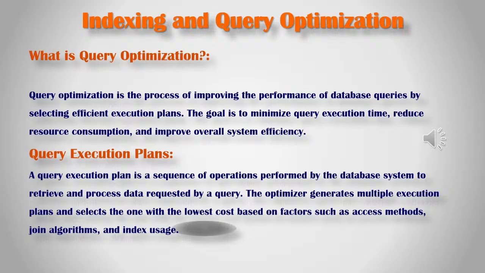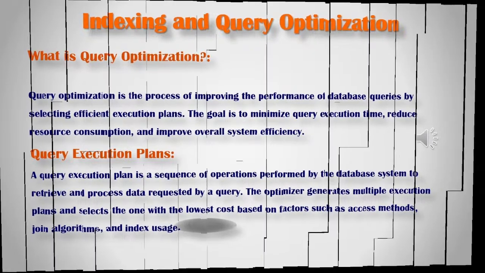A query execution plan is a sequence of operations performed by the database system to retrieve and process data requested by a query. The optimizer generates multiple execution plans and selects the one with the lowest cost based on factors such as access methods, join algorithms, and index usage.